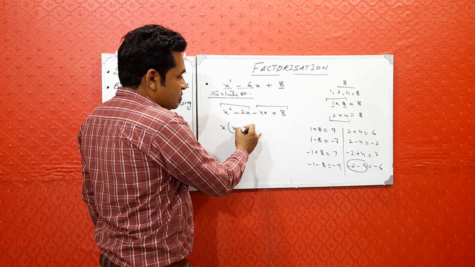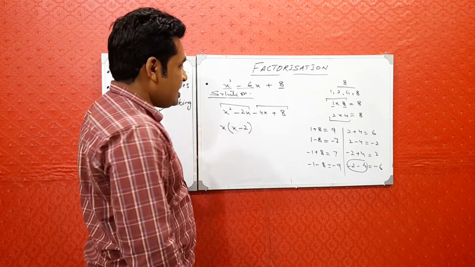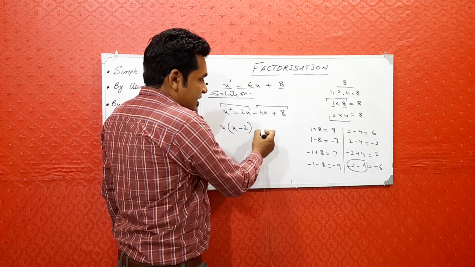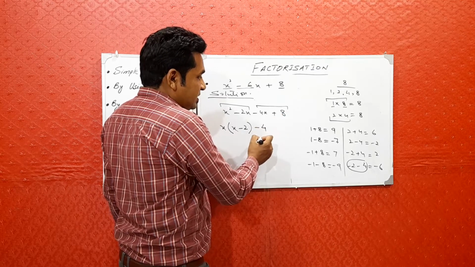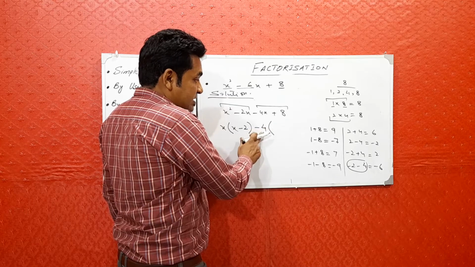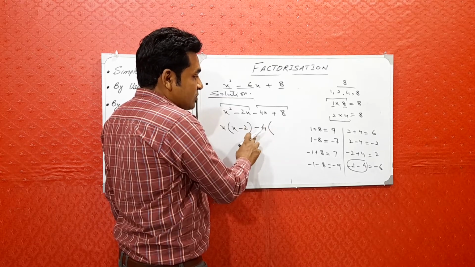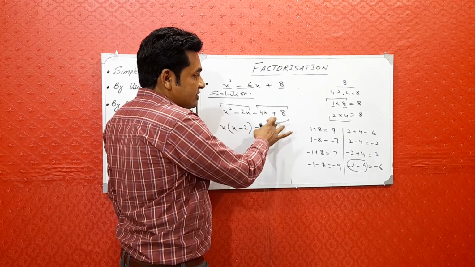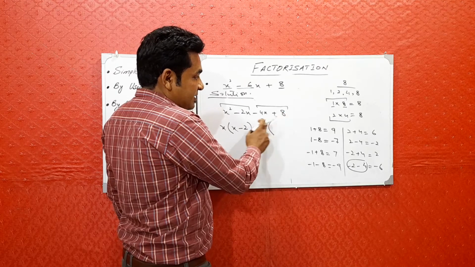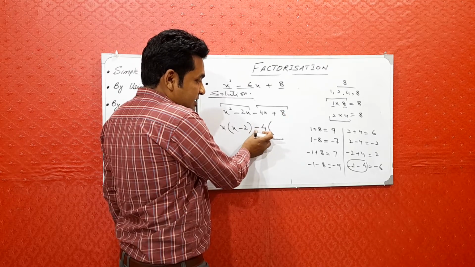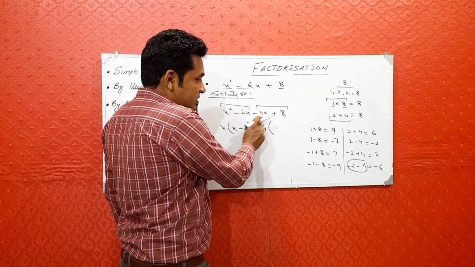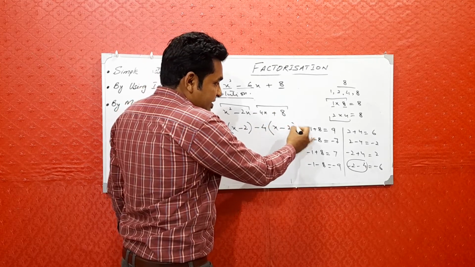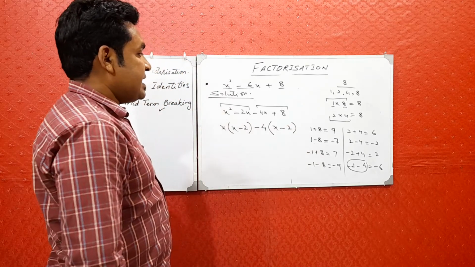We have taken x common, so only 2 is left. Similarly, in the other two terms we can take minus 4 common. When we take the minus sign common, the negative term becomes positive and the positive term becomes negative. So it was negative, so it becomes positive, and it was positive, so it becomes negative. It is written like this.